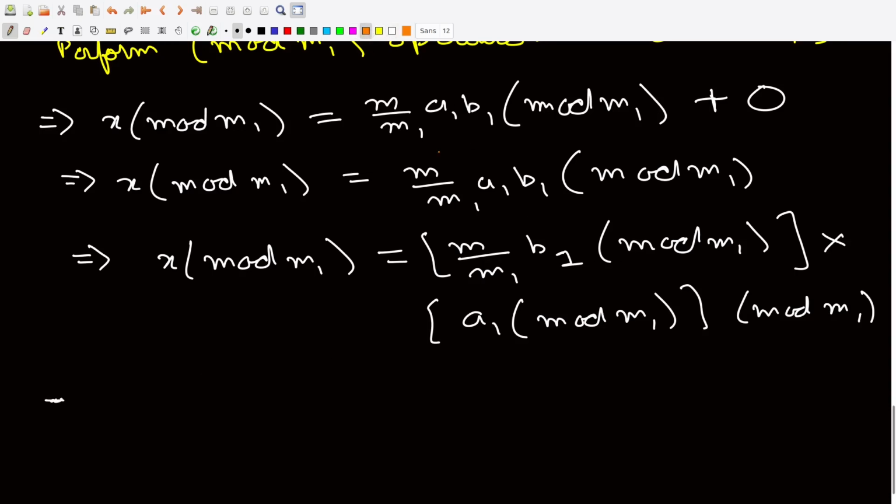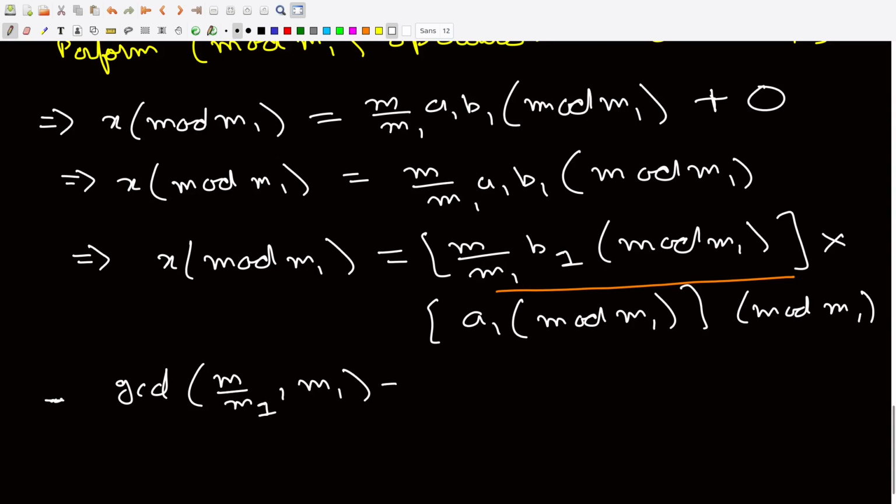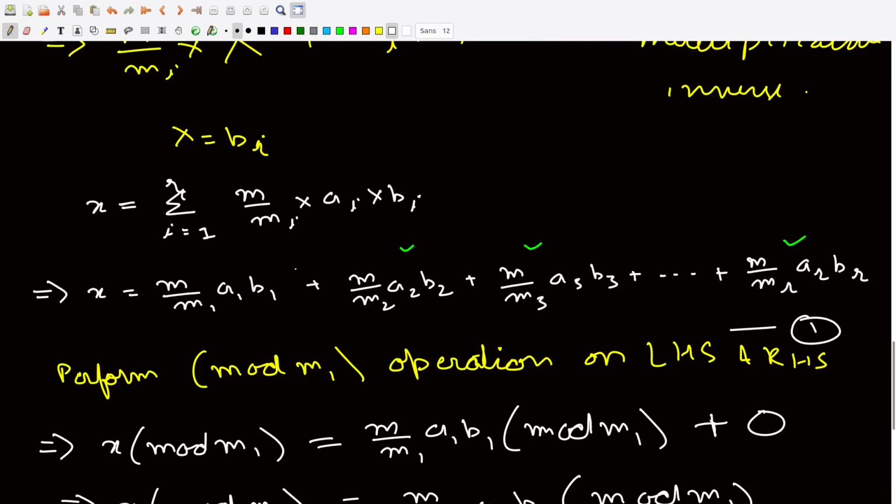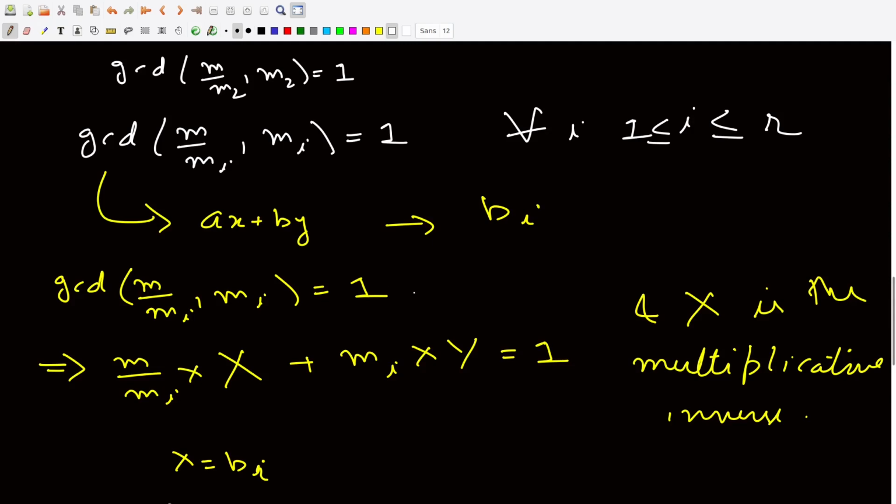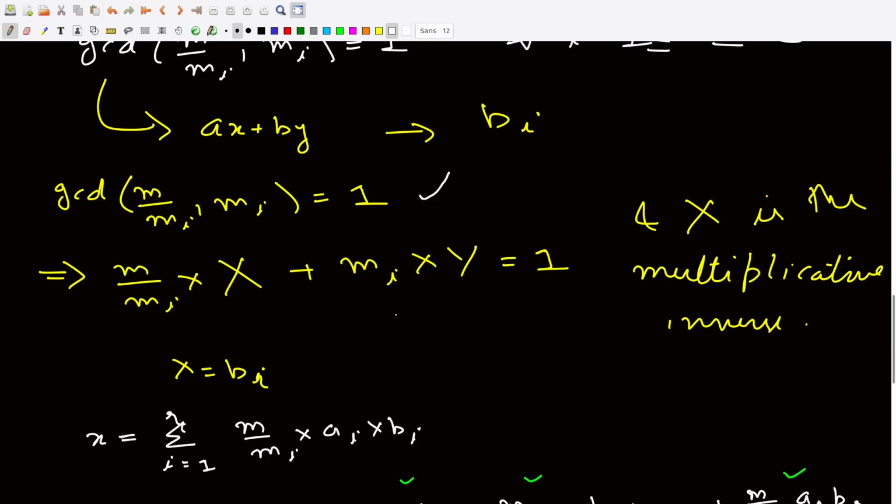Now let us look at the value of this term. The value of this term is 1, basically. That is what I wanted to come up with. So let's see why it is 1. We know that GCD of m comma m1 is 1, right? We know it from here, where we were doing all these things, and we know that GCD of m comma mi equals 1.